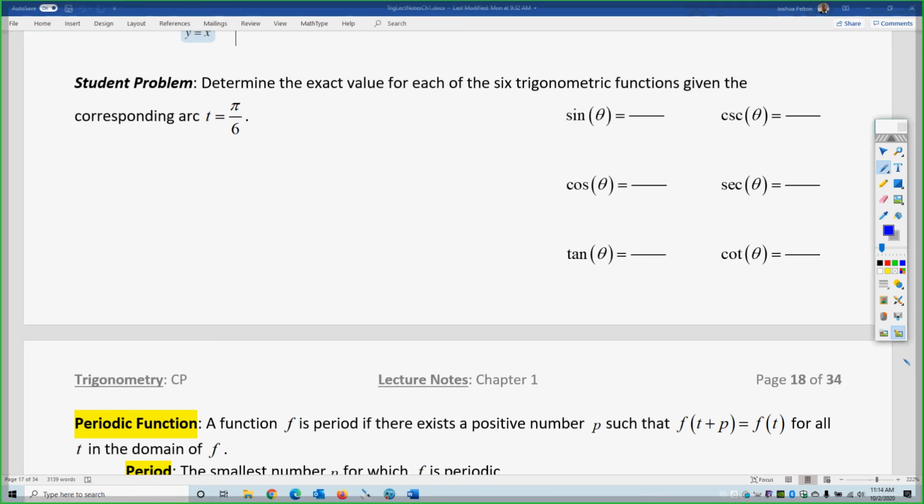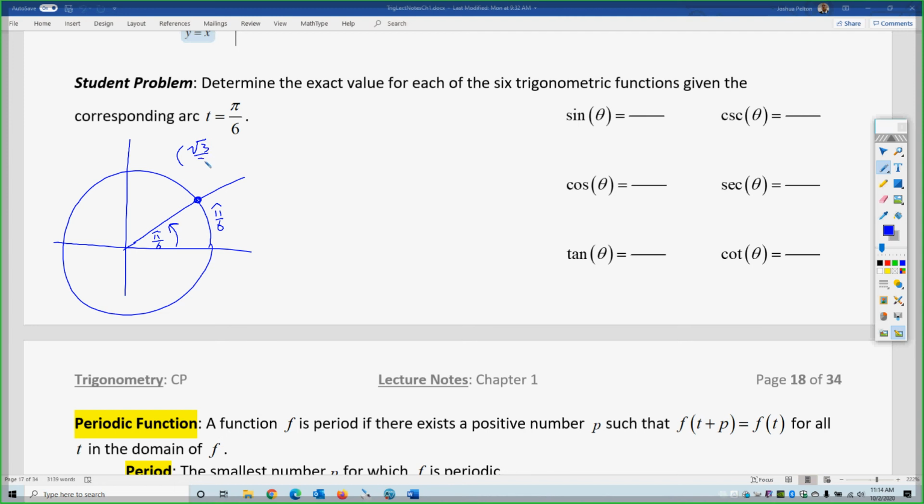Okay, so for the student problem, we were given pi over 6 for the arc length, which means pi over 6 is the angle. So this coordinate is the one for 30 degrees from the unit circle, which is root 3 over 2 comma 1/2, our cosine and sine values for x and y.